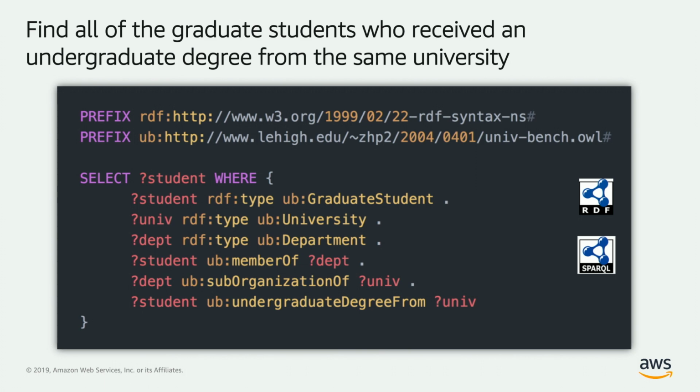We're going to use the edges sub-organization of, and undergraduate degree from. Yeah, and that's true in this case, but really this student RDF type graduate student is really just expressing another relationship. It's saying that this variable student has this relationship type to this other node that's graduate student.